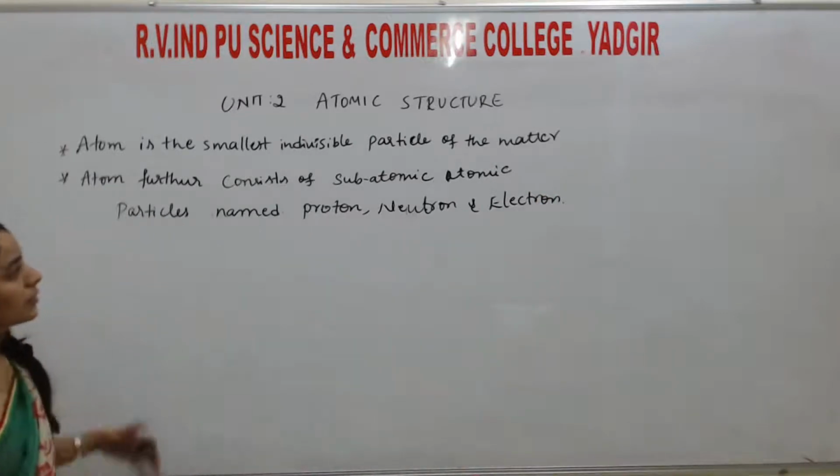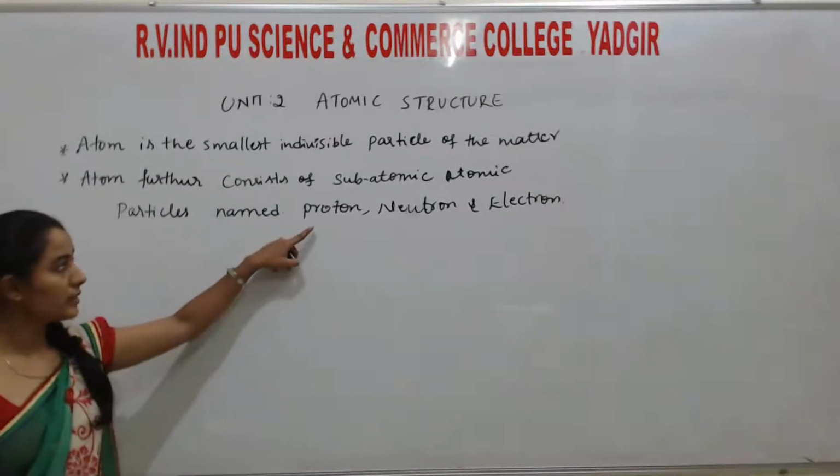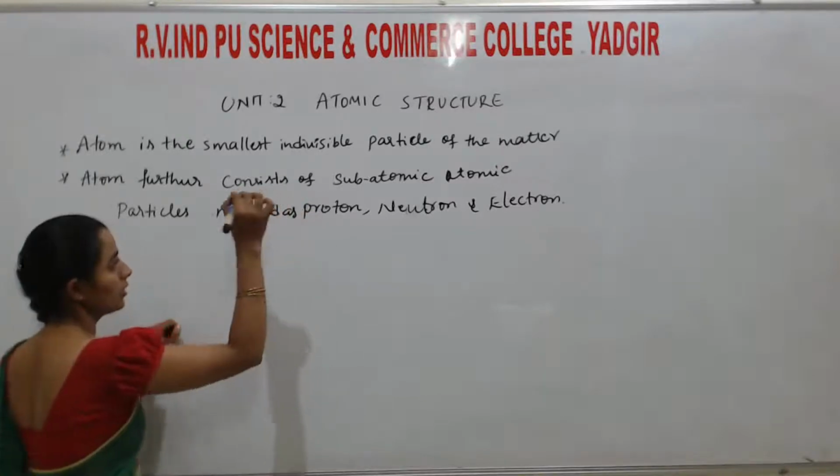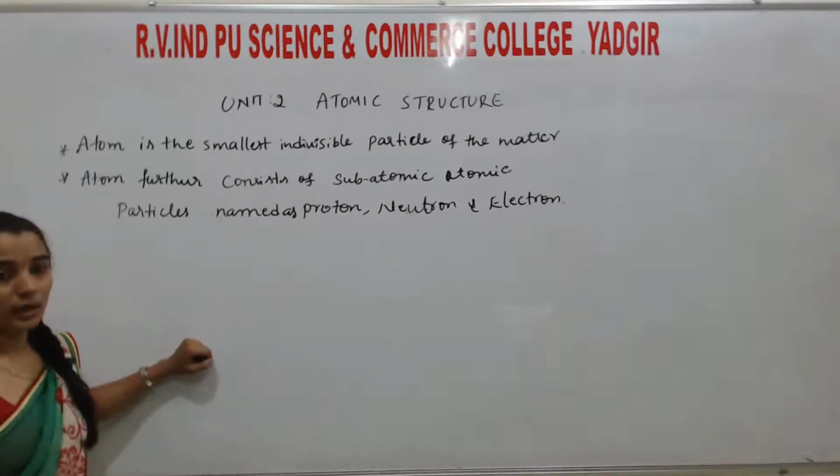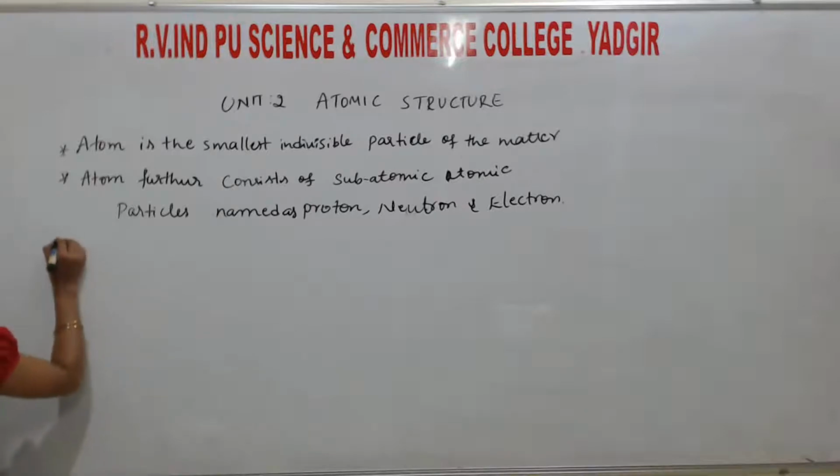So the atom consists of subatomic particles named proton, neutron, and electron. Okay, next.